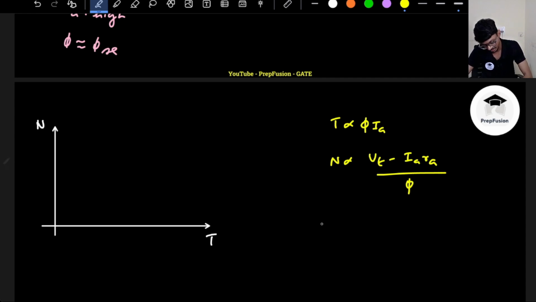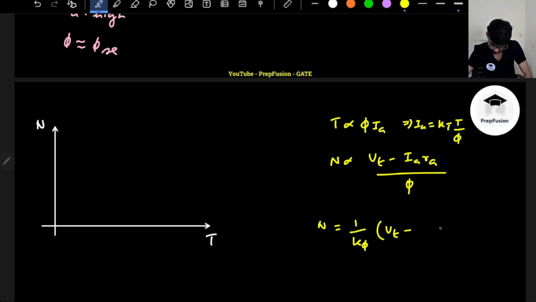So if I replace here, my speed will be equal to some constant 1 by k phi into Vt. What is Ia equal to? Ia is equal to T by flux, Kt into T by flux.